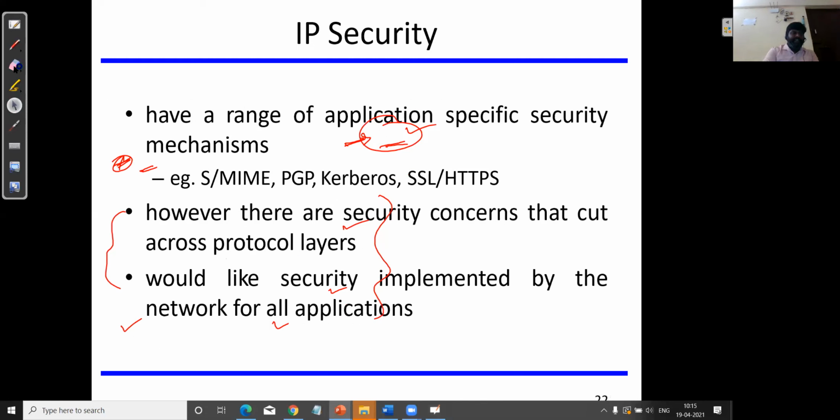Okay, any doubts regarding the different points covered so far in email security? We discussed almost 12 or 13 services. Then we discussed the different operations performed under email security: confidentiality, authentication, the compression function, segmentation, and reassembly.